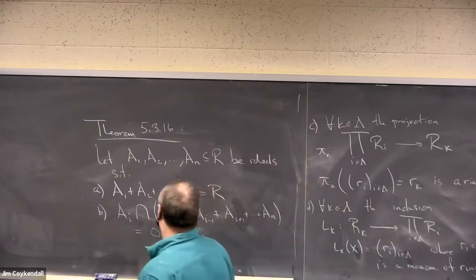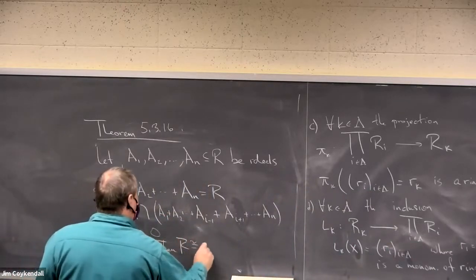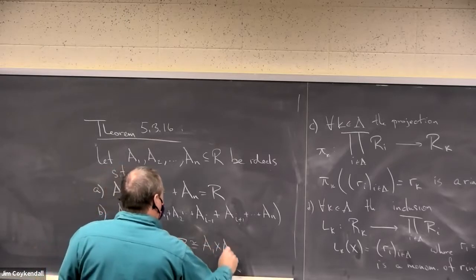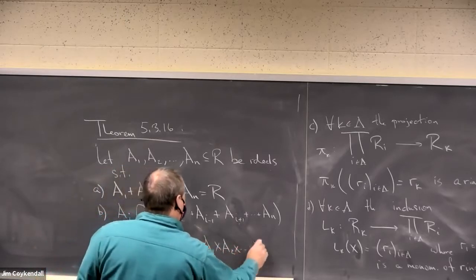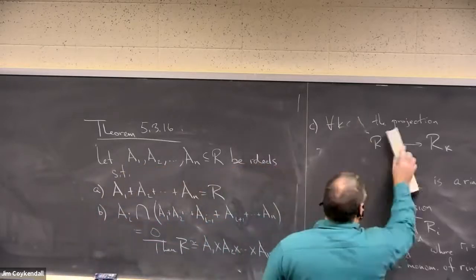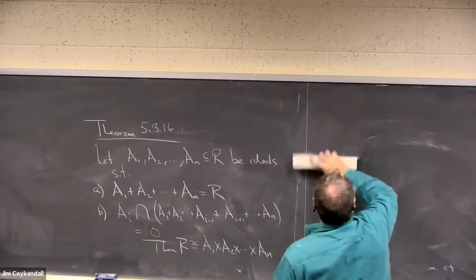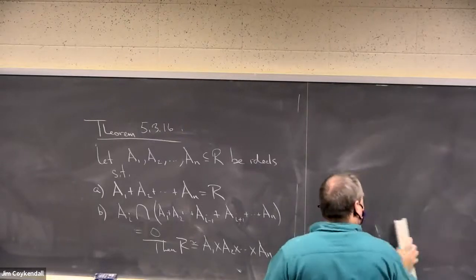then R is isomorphic to the ring A_1, A_2, and so on, as a direct product. This is a very useful thing, and this probably looks familiar because we have a similar kind of thing with groups.